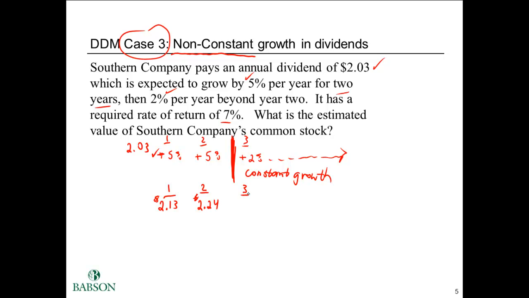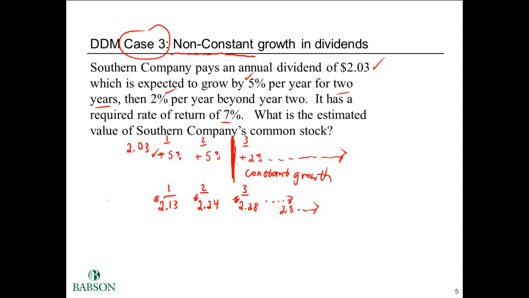And in year 3, we know that the growth is going to taper down to 2%. So the dividend that we would expect in year 3 is $2.24 plus 2%, so about $2.28. And again, it's going to grow at 2% per year beyond that.